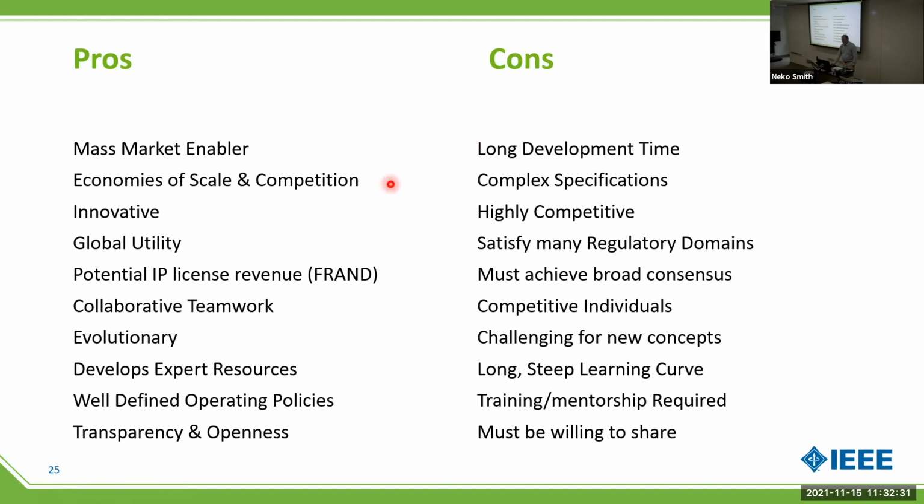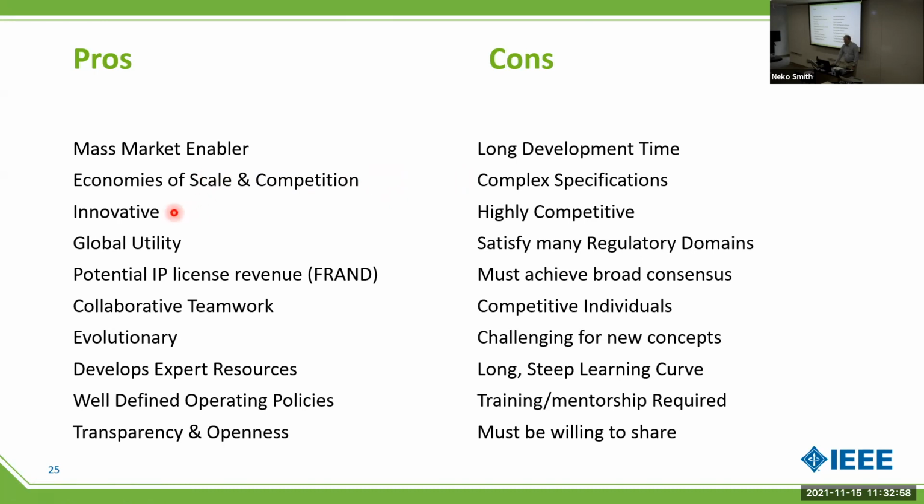There's economies of scale and competition because it produces interoperable product. There's lots of competition, therefore the cost of product goes down, therefore the scale, the number of units, are increased dramatically. But in order to get that economy of scale, we have complex specifications.